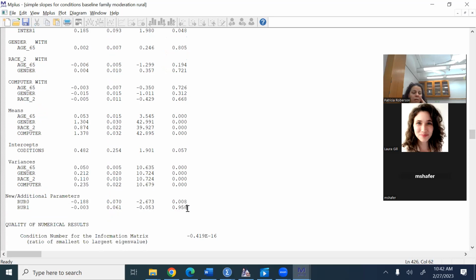For people in rural areas, family is not a significant predictor of conditions, only for people in urban or suburban areas. So that's what that means. And the reason why you look at the simple slopes is because of the interaction. That's a really long way of answering your question, right?